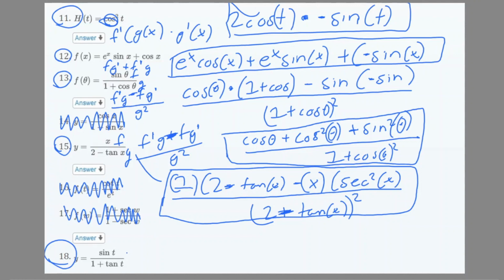And then number 18 is sine t over 1 plus tan t. So for this, we use the quotient rule again, f prime g minus fg prime over g squared.